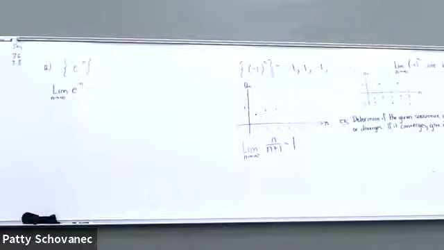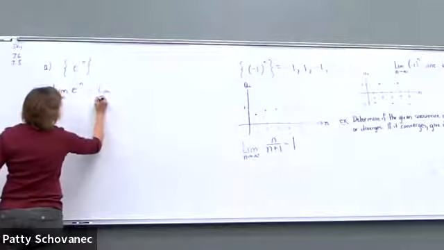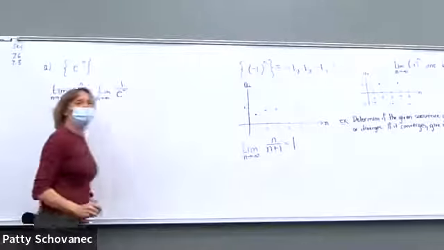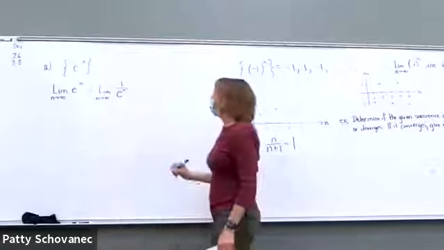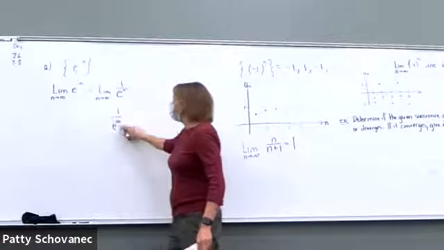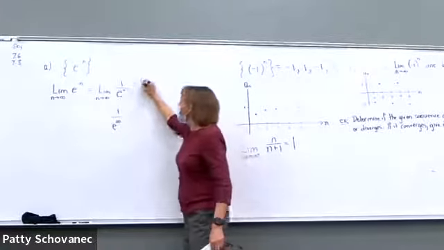If it does, what is its value? It does converge to 0 because this is the same as taking this limit, right? So if I think of n being infinitely large, this gets big real quick. And so this whole fraction goes to 0.